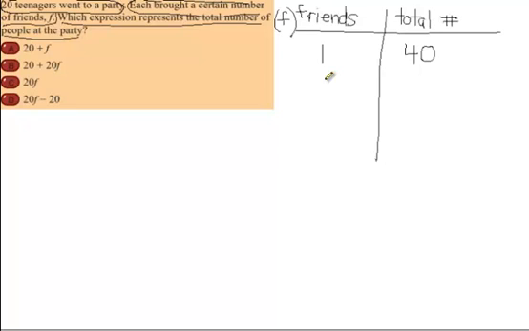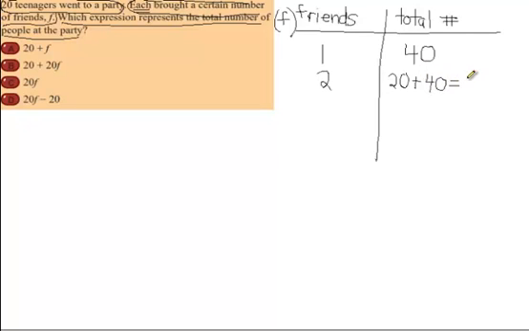Stop and think about that for a second, because this is really important. They each brought a certain number of friends. All right, so let's pretend they're a little more popular, and each of those teenagers brings 2 friends. So now you have the 20 teenagers, plus, if they each bring 2, that's another 40 people.